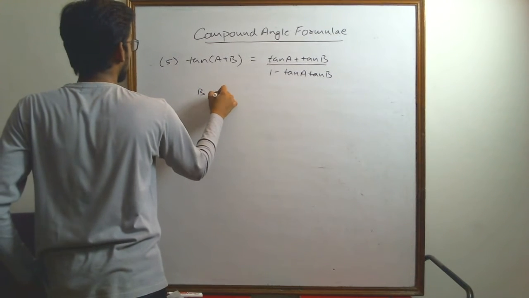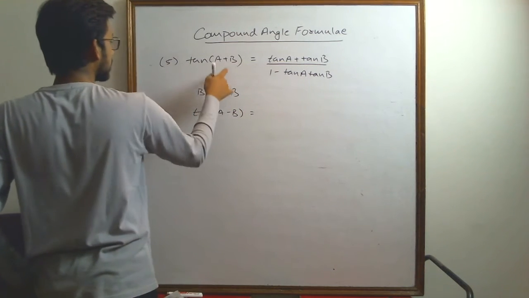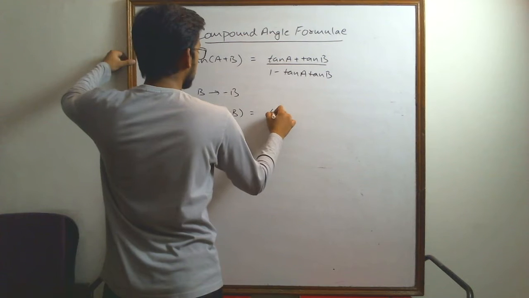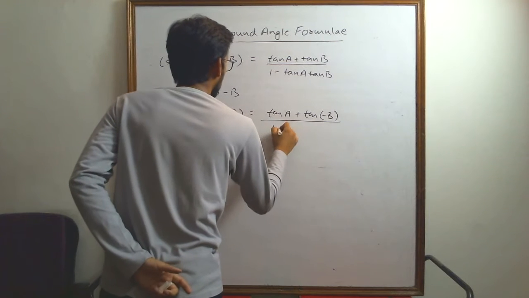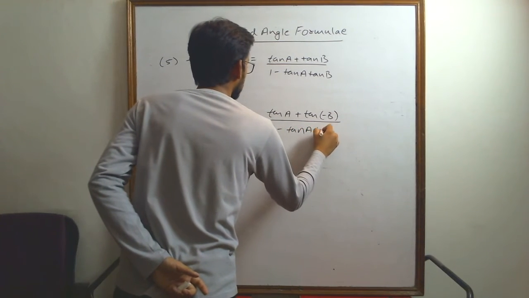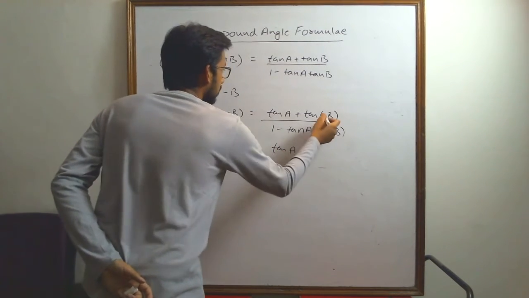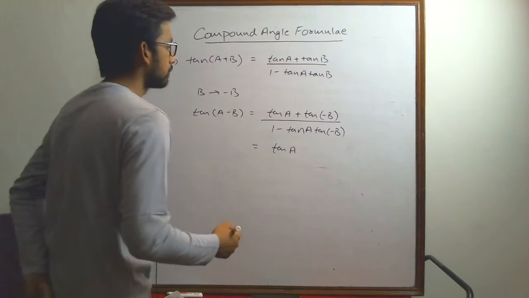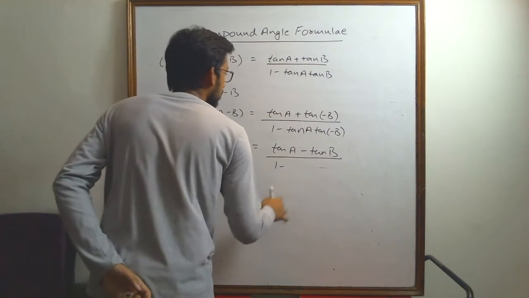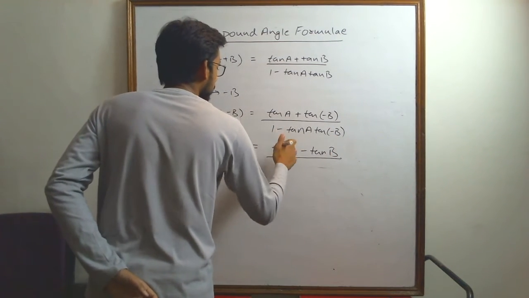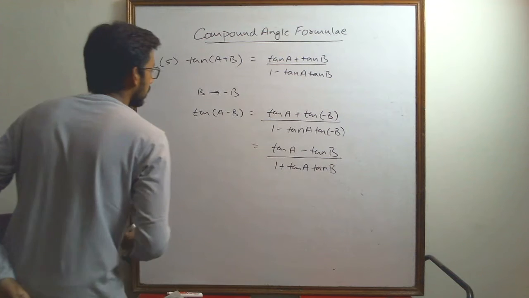If we replace B by minus B, the left hand side becomes tan A minus B, right hand side will be tan A plus tan of minus B upon 1 minus tan A into tan of minus B. This is equal to tan A. Now tan of minus B is same as minus tan B, so minus tan B upon 1 minus, this is minus tan B, so minus into minus becomes plus, and then tan A tan B. So this is the formula.